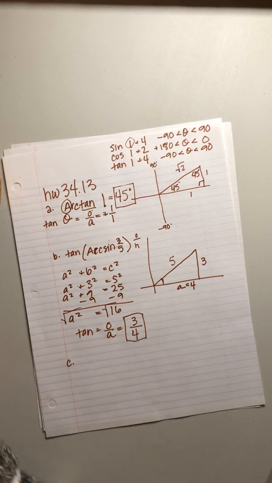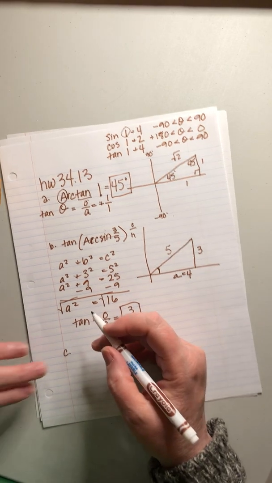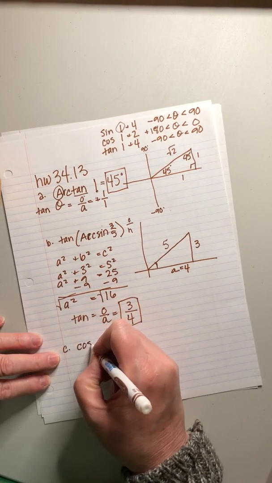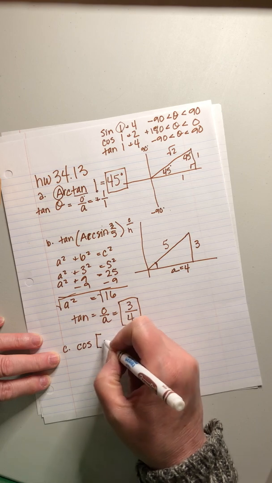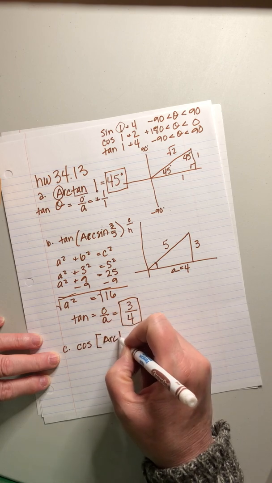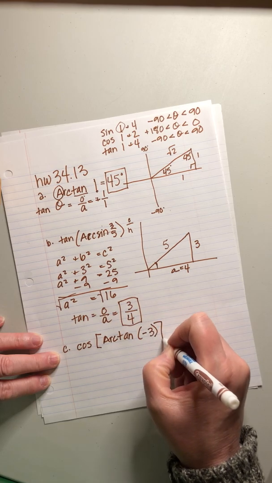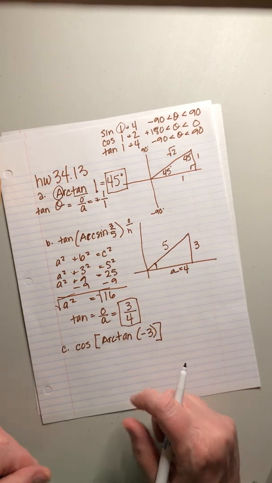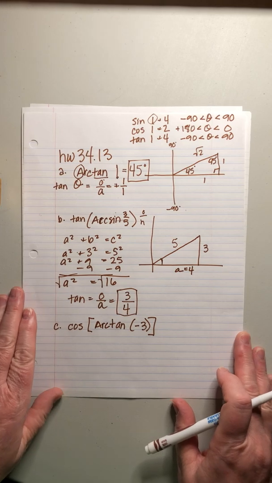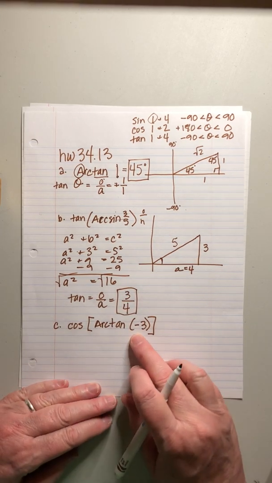C. This one we are finding the cosine of the arctangent of -3. Okay, now for the first time, we have a negative value.